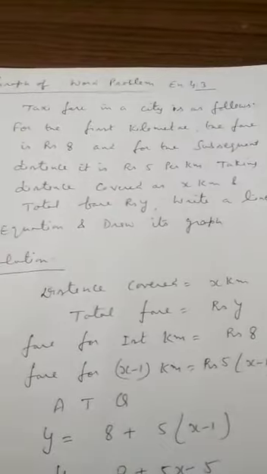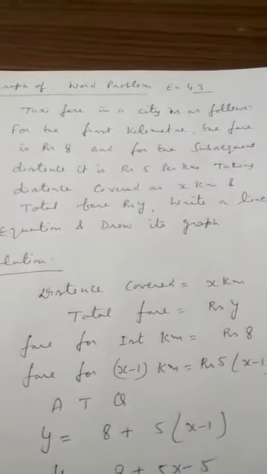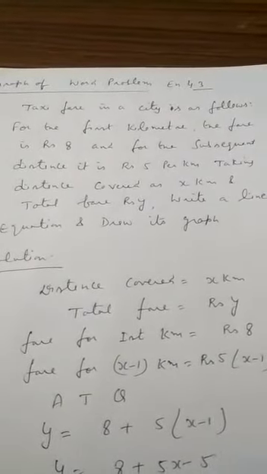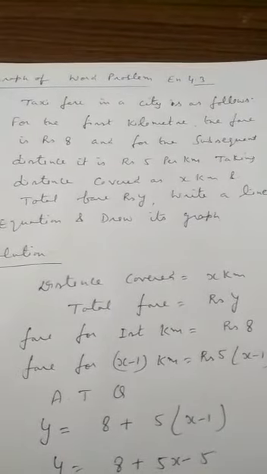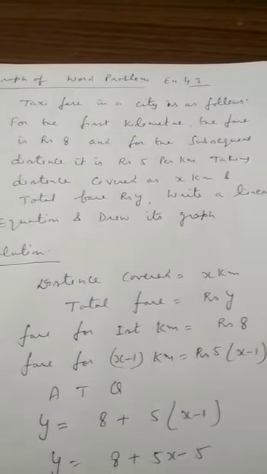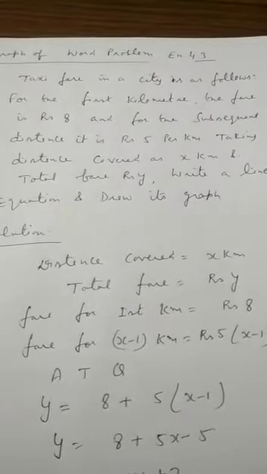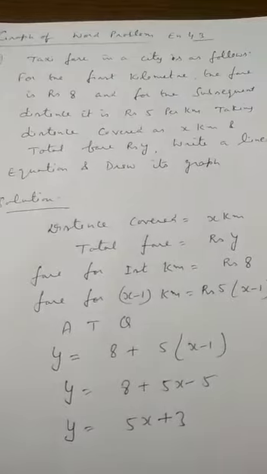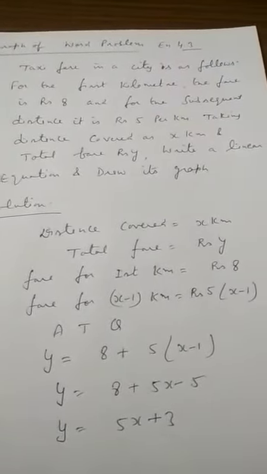When you travel by a cab, you see that some charges are fixed and some depend on the distance you traveled. So here also for the first kilometer, what are the fixed charges? Rupees 8. So we suppose distance covered x kilometer, total fare rupees y, and fare for the first kilometer is rupees 8.